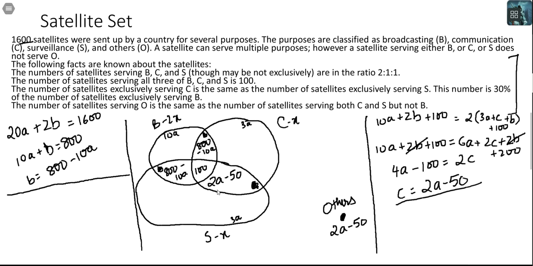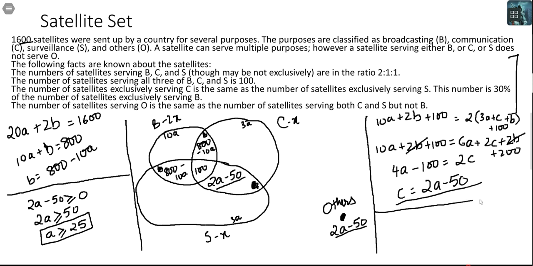You have two expressions, 2a minus 50, 2a minus 50. These regions are supposed to be whole numbers, so 2a minus 50 has to be greater than equal to 0, or 2a has to be greater than equal to 50, or a has to be greater than equal to 25. We have found our lower limit for a. The minimum A can be is 25. The other region that we pay attention to is 800 minus 10a.